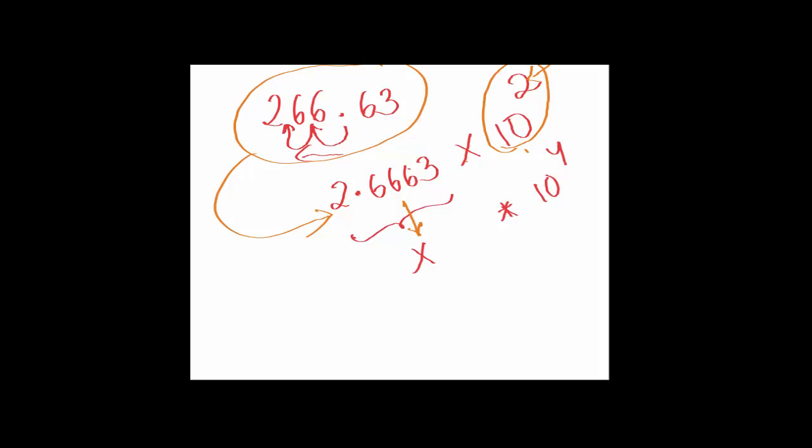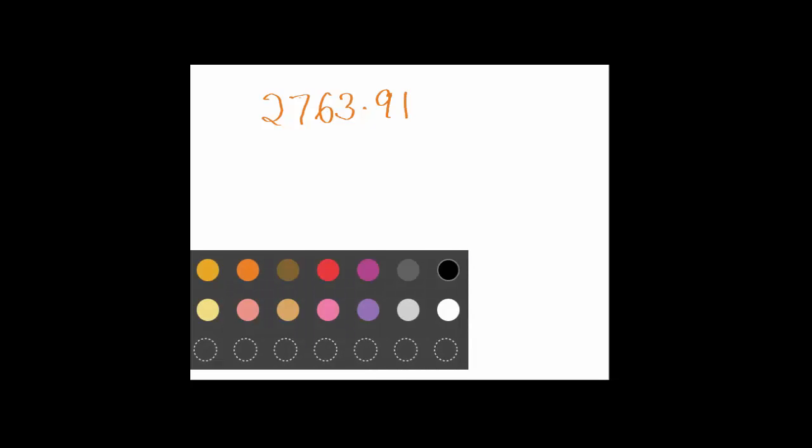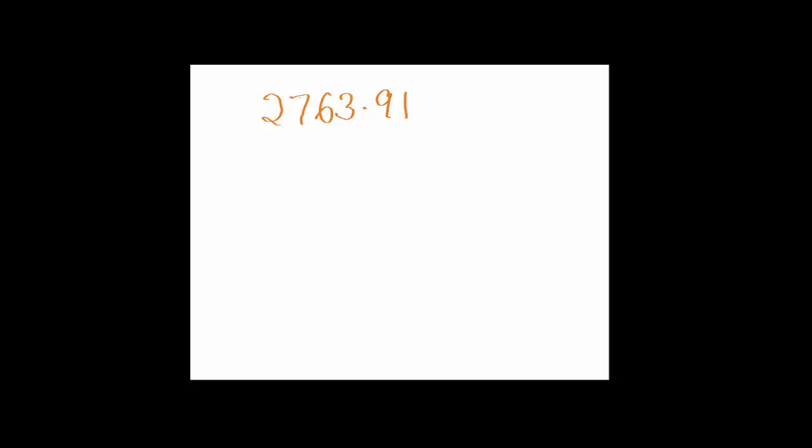Let us take another example of converting these numbers. I have 2763.91. That number is in the decimal notation. Obviously, you can tell there is no value multiplied by 10 to the power of any integer, so this is decimal notation.